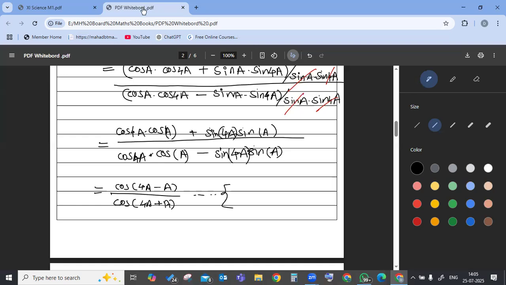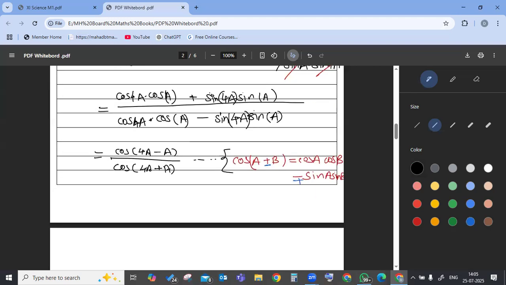Since we have used this formula, cos a plus b is equal to cos a cos b minus sin a sin b. And whenever there is minus, there is plus here. Now this gives us cos 4a minus a, which is 3a, divided by cos 4a plus a, cos 5a. So it is equal to cos 3a upon cos 5a, which is equal to RHS.